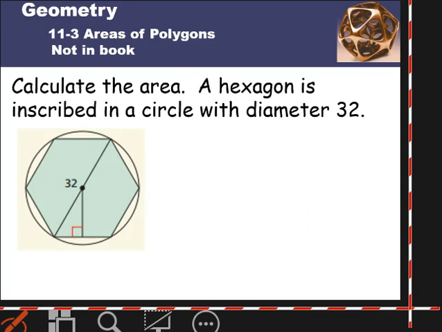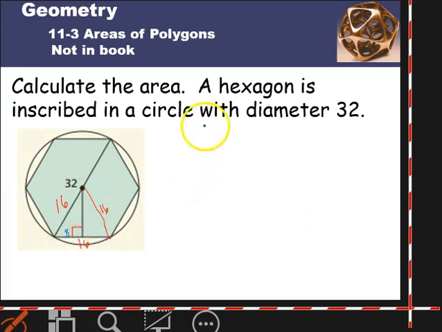So I know that the diameter is 32. So that means that this has to be 16 because the radius is half of the diameter. Okay, and then if I were to draw this one in here, this would be 16. And this whole thing would be 16 also. But when I cut it in half, I get that this much is 8.